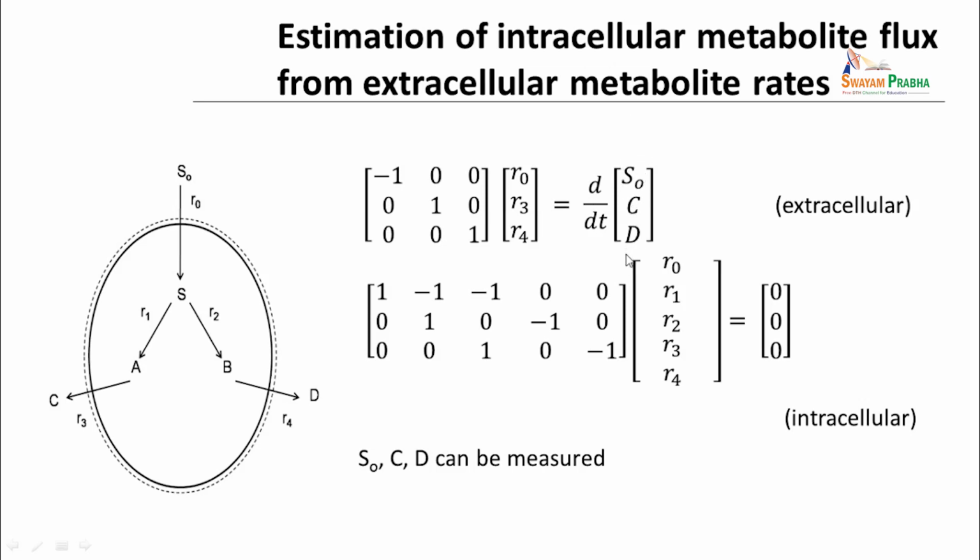You take points at reasonably closely spaced time intervals, then you can actually get the rates of variation of S0, C and D in the extracellular space. Knowing the rates of S0, C and D, let us say our interest is in estimating R1 and R2. That's our interest. That is what we said here, estimation of intracellular metabolite flux or rates from extracellular metabolite rates.